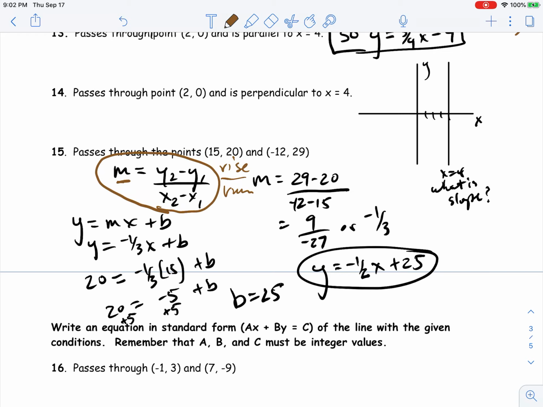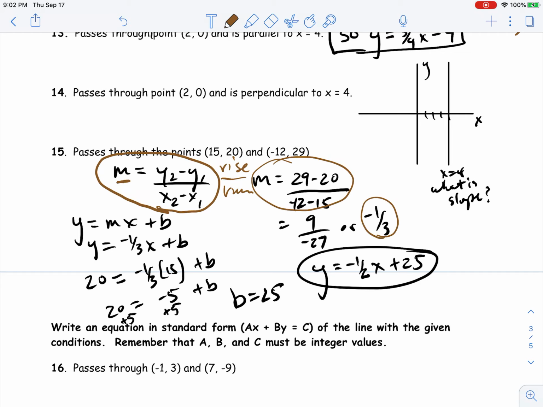So you can use this equation. You notice that I did it right over here. I ended up getting this number as the slope. And so negative 1/3 is the slope.